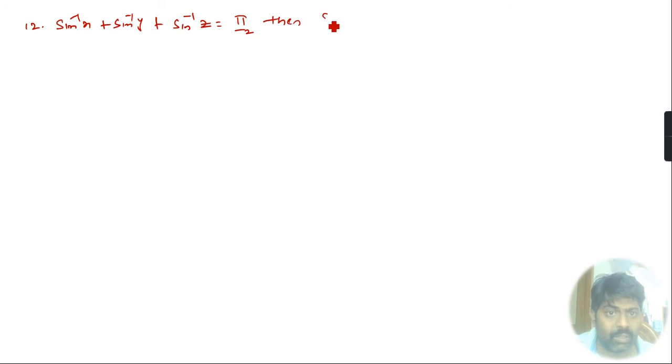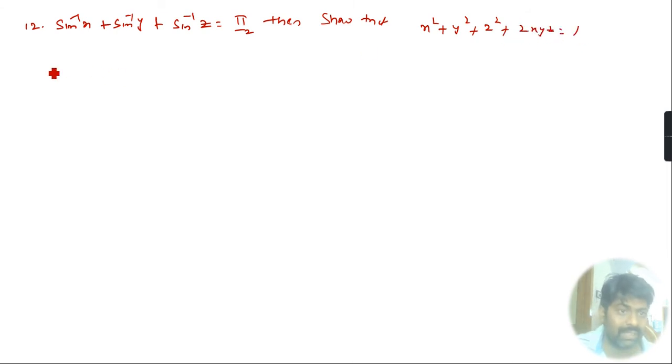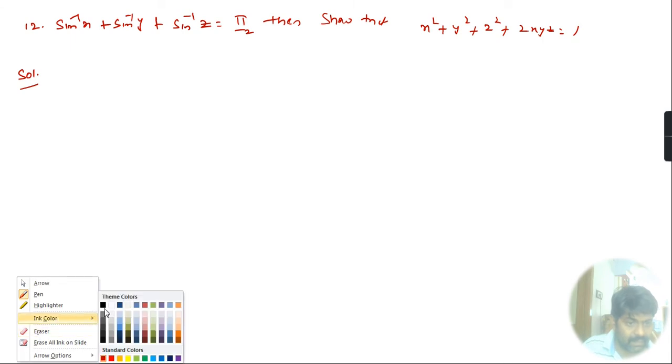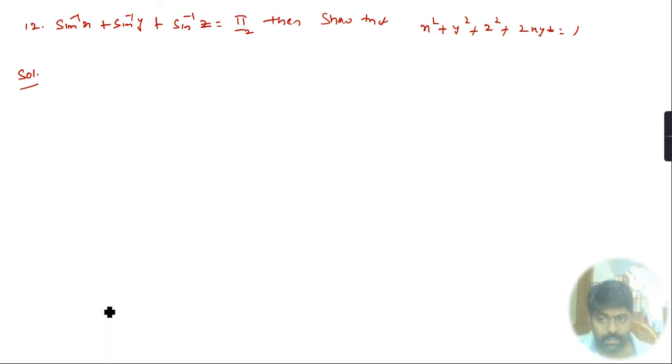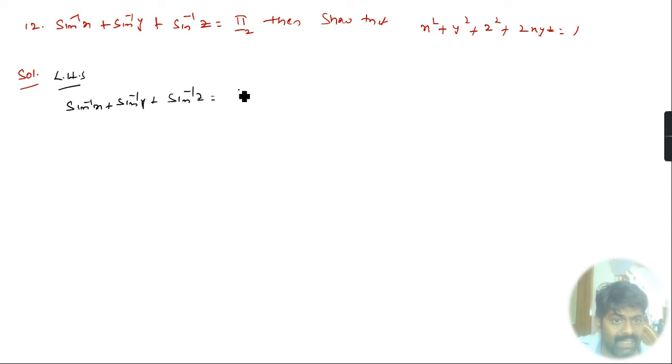Then show that x square plus y square plus z square plus 2xyz is equal to 1. So for this one, we write the LHS. What is given in the question? Sin inverse x plus sin inverse y plus sin inverse z is equal to pi by 2.